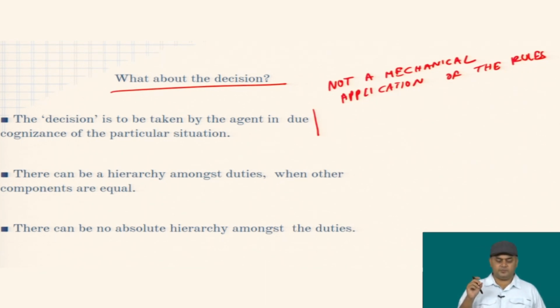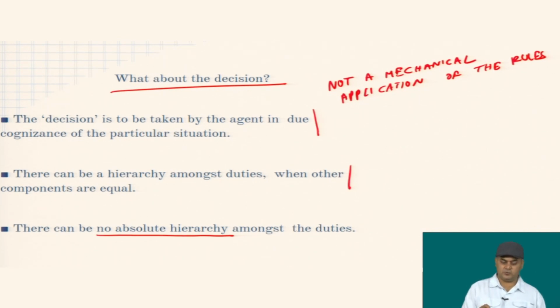Now, there can be a hierarchy amongst duties when other components are equal. That means, there can be a hierarchy. However, that hierarchy is not an absolute hierarchy amongst duties. So, there is a decision that has to be taken by the moral agent. The 6 ethical rules are intrinsically valuable, but they are not mechanically or automatically applicable to a circumstance.